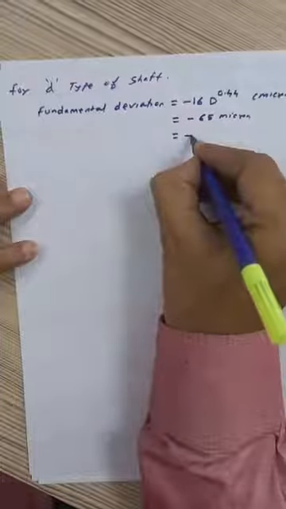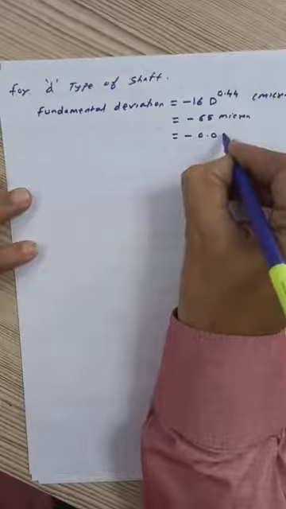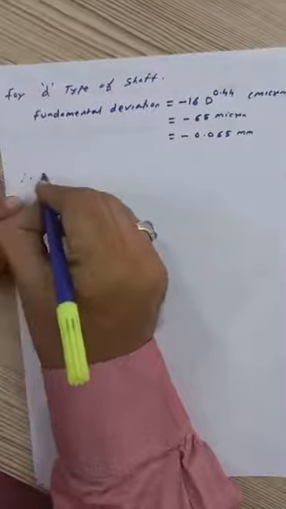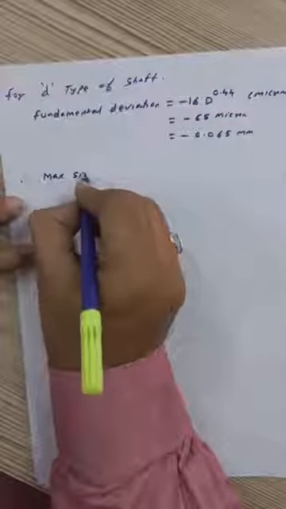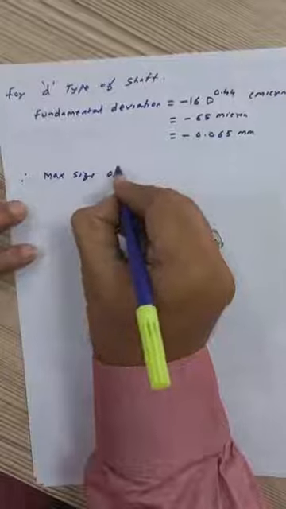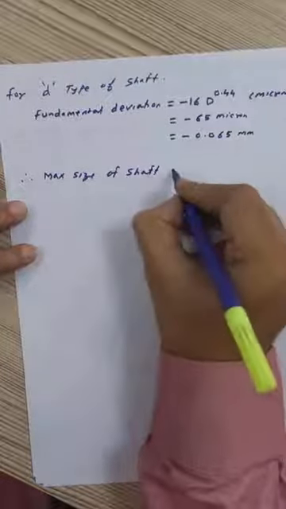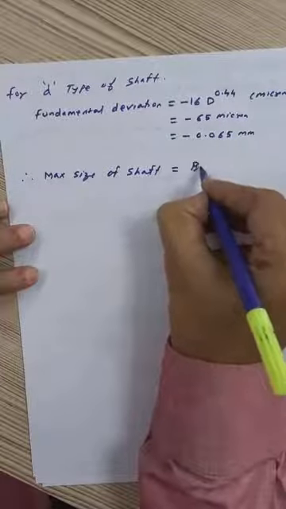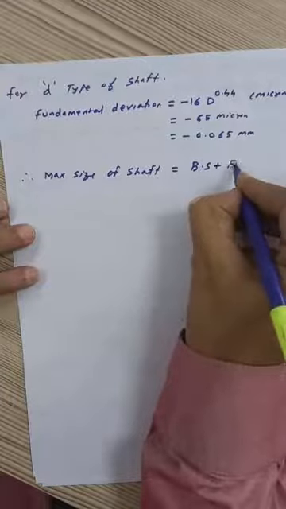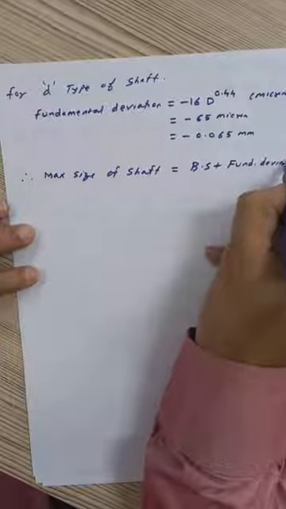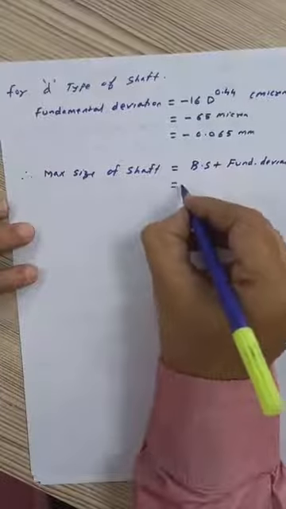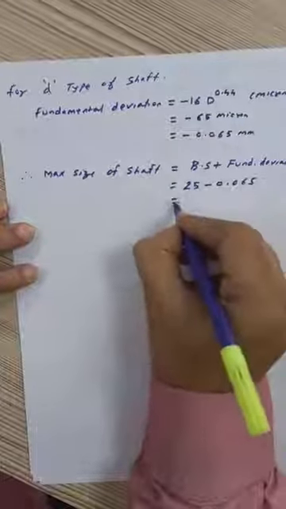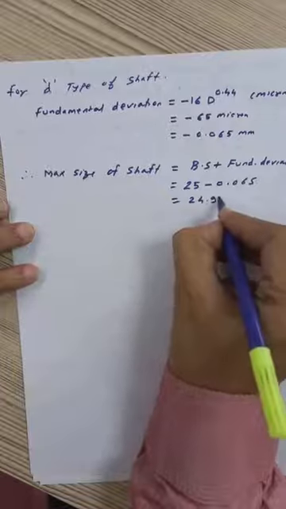So convert this into mm. It comes to be minus 0.065 mm. Now we have to find out the maximum size of shaft. Maximum size of shaft is equal to basic size plus fundamental deviation. The basic size is 25, fundamental deviation is minus 0.065. It comes to be 24.935 mm.